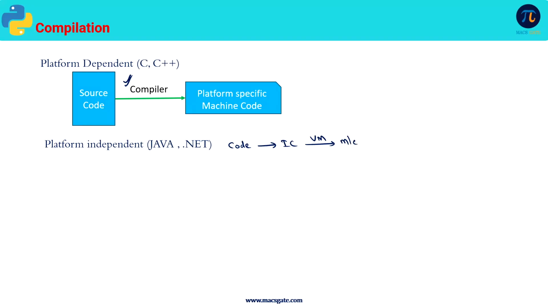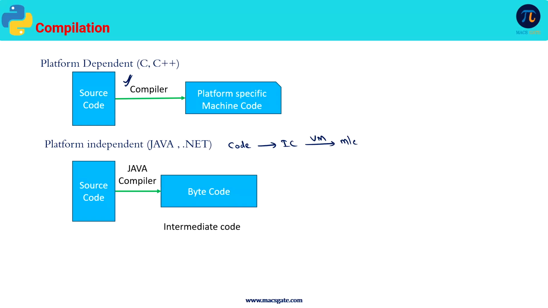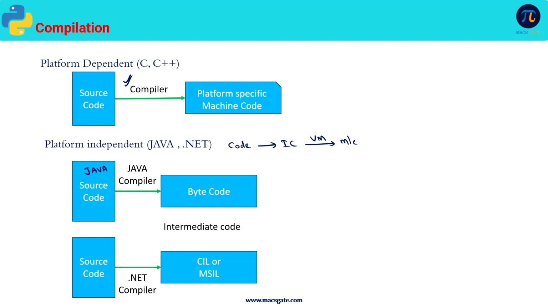If you consider Java, the Java compiler converts the Java source code into bytecode. Bytecode is platform independent intermediate code. Whereas in .NET, the .NET compiler converts the C# code into intermediate code known as Common Intermediate Language or Microsoft Intermediate Language.